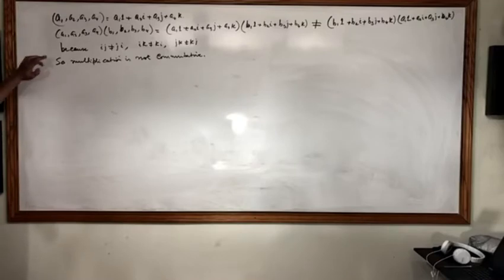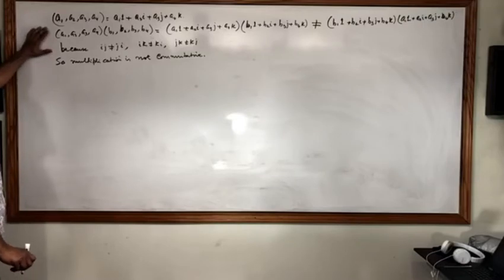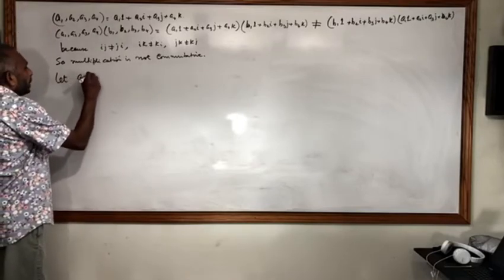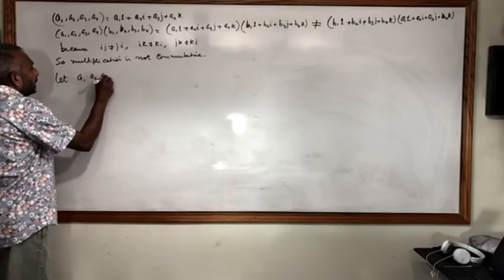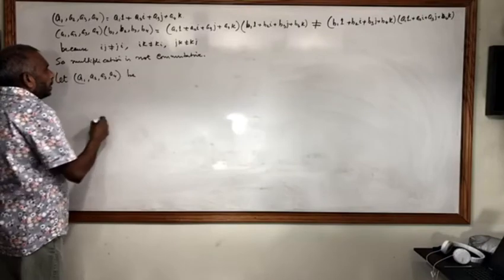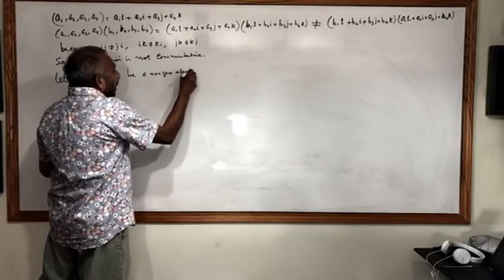Now we need to show that it's a division ring, meaning it has a multiplicative inverse for every non-zero element. So let (a1, a2, a3, a4) be a non-zero element.